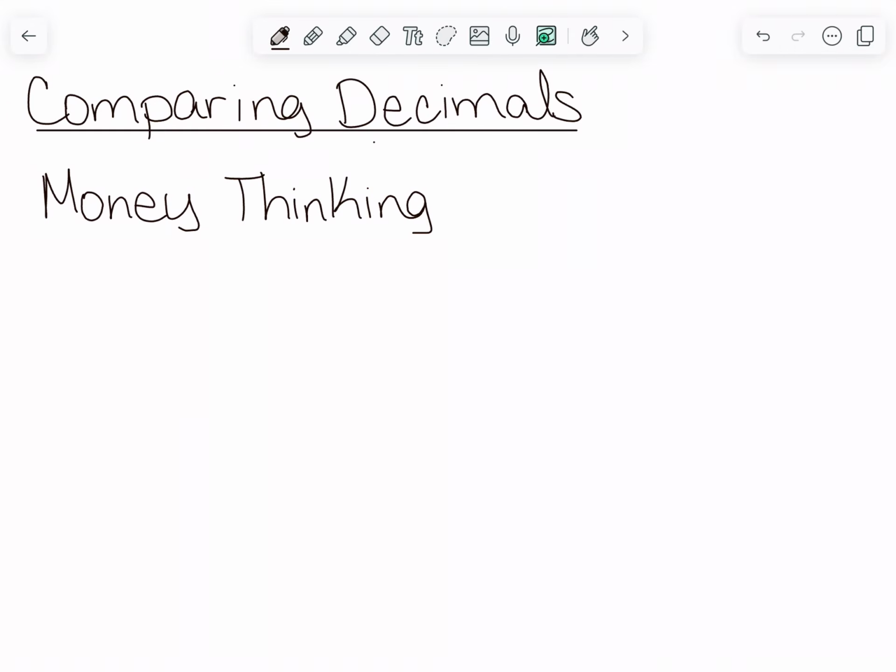The last way we'll look at is what's called money thinking. This is where students just truncate the decimal after the hundredths place and view the decimal in terms of money. If two decimals agree to the hundredths place, the students will simply guess which one is greater, sometimes guessing correctly and sometimes incorrectly.